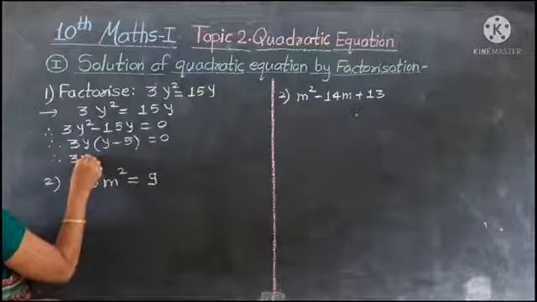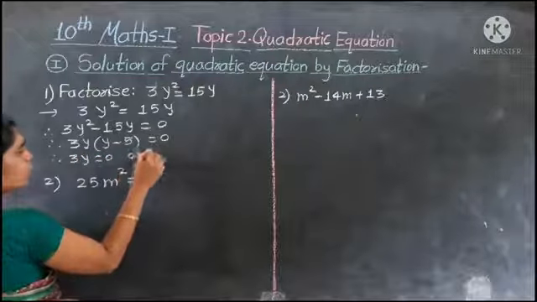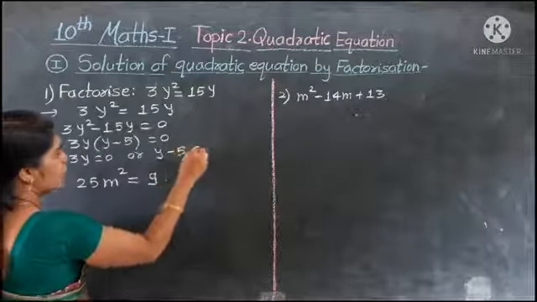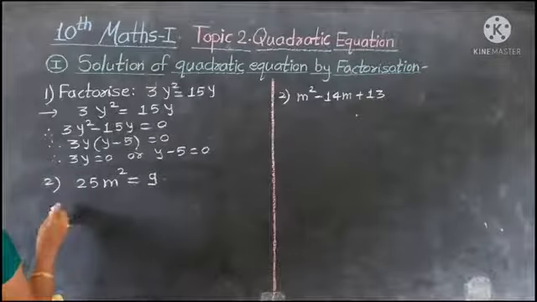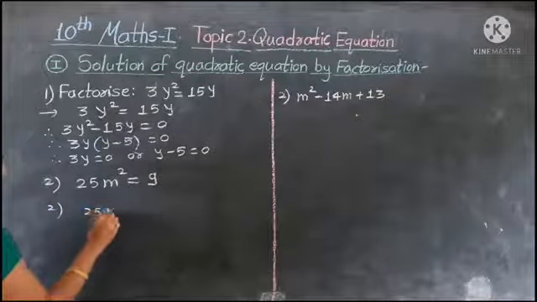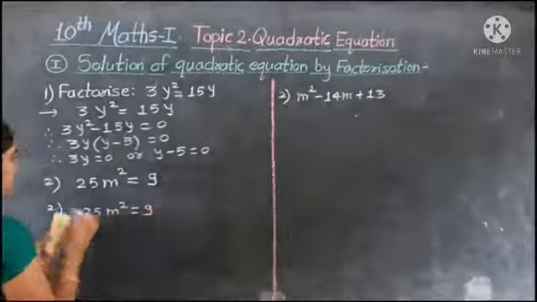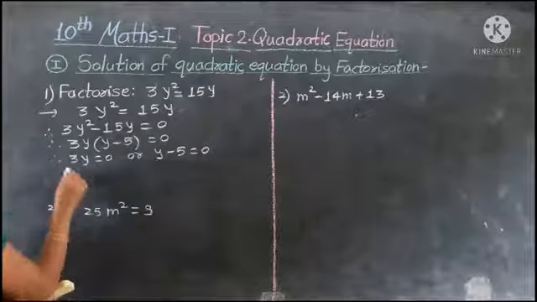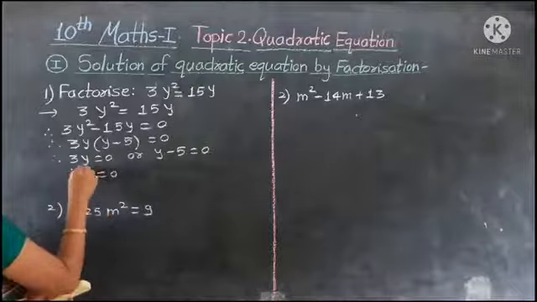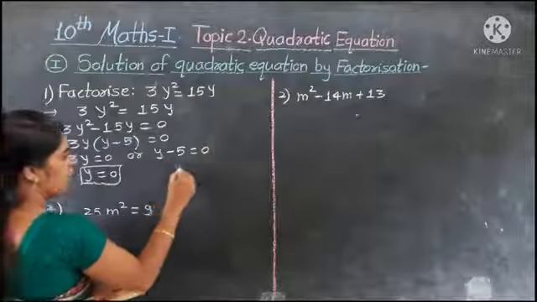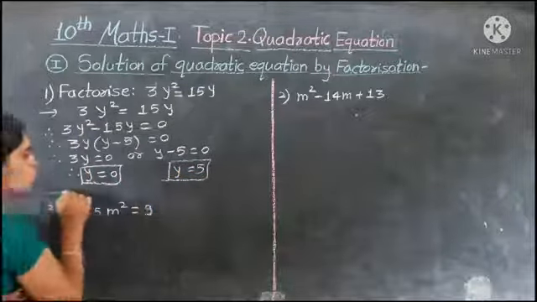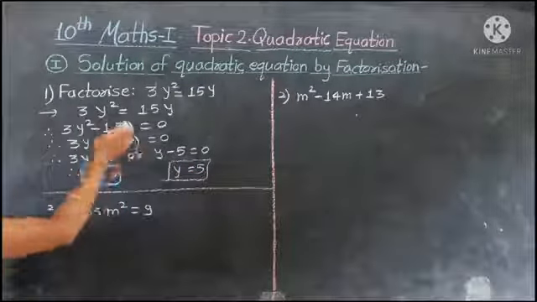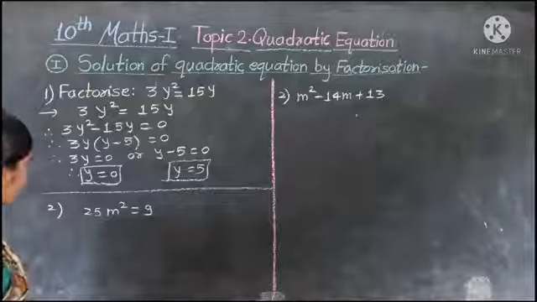Therefore 3y is equal to 0, or y minus 5 is equal to 0. So we get y is equal to 0 and y is equal to 5. These are the two solutions of this quadratic equation.